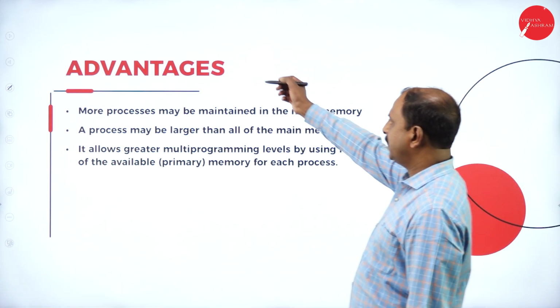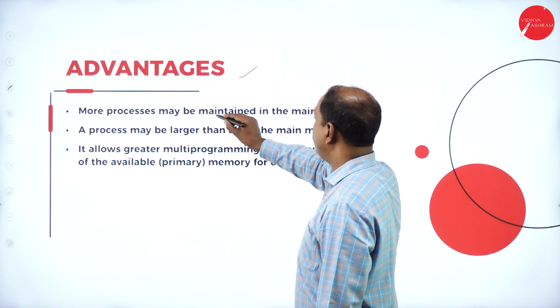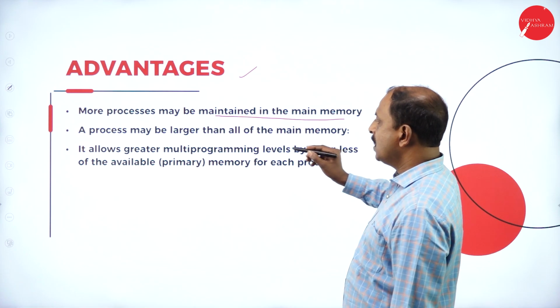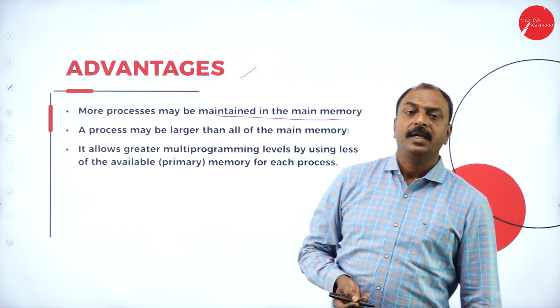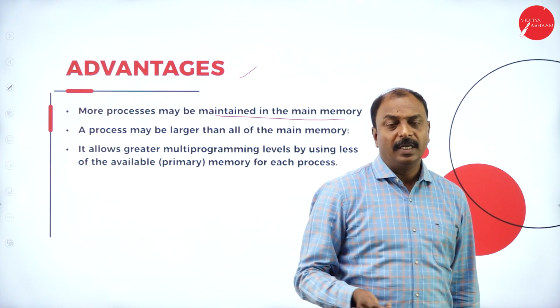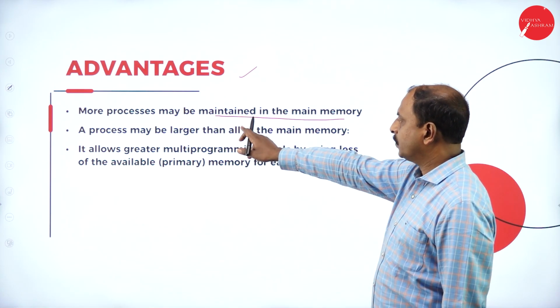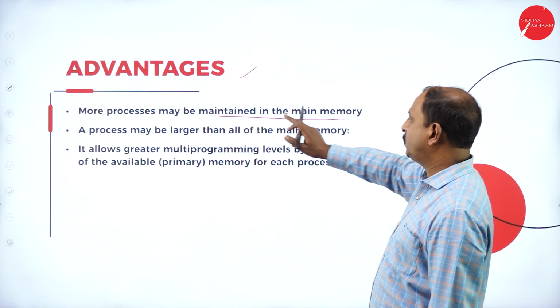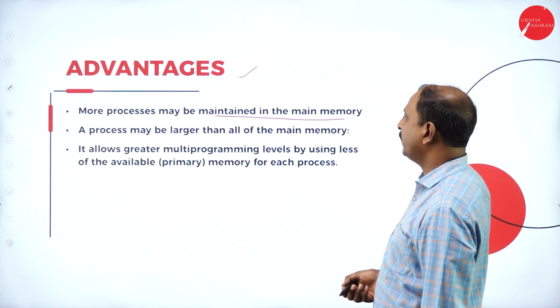Next, what is the advantage of this? More processes may be maintained in the main memory. Virtual memory increases the capacity of the main memory, so more processes can be maintained in virtual memory. That is the advantage of demand paging.